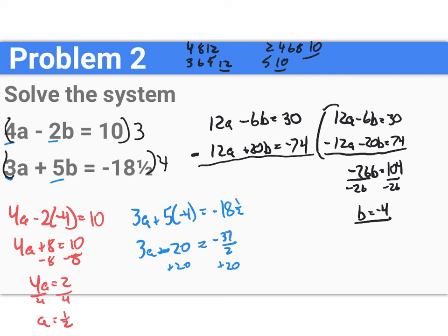Add 20. 20 comes out to 40 over 2, which gives 3 over 2. 3A equals 3/2. Divide by 3 on both sides. A equals 3/2 times 1 over 3. Your 3's cancel out. You're left with 1/2. And A equals 1/2. Look at that. So our point of intersection is 1/2 comma negative 4.